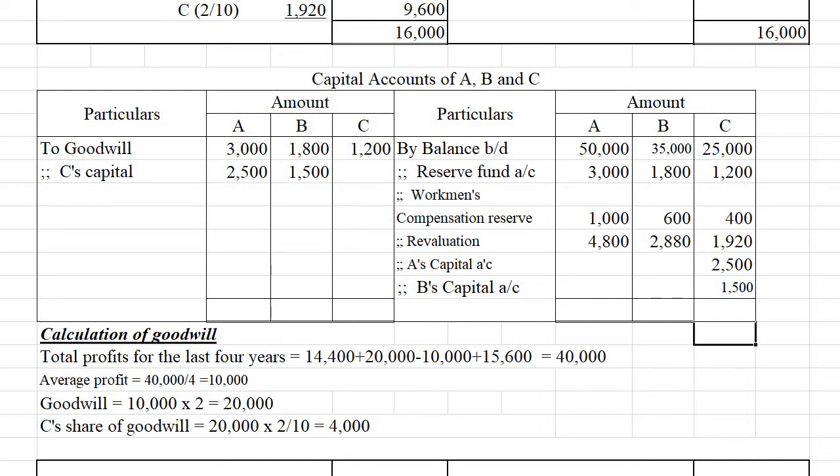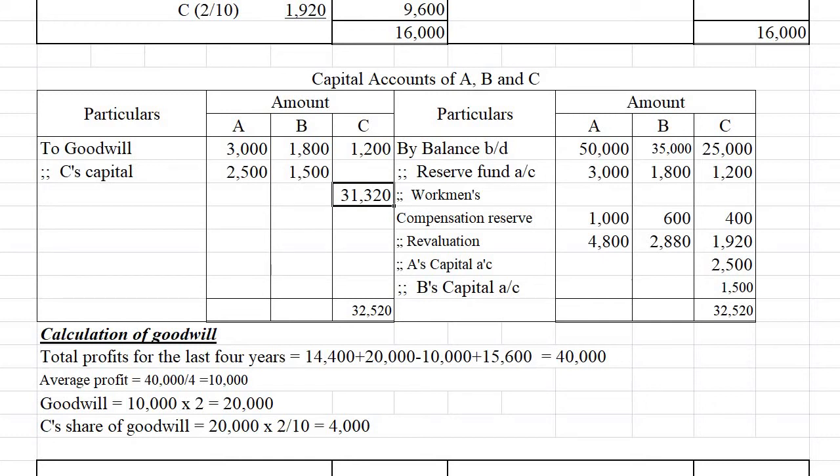We have total capital for C 32,500 minus 1,200, that means share of goodwill. So remaining how much is there? 31,320. So this is the balance for C that we have to pay to him.